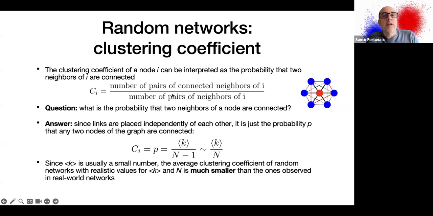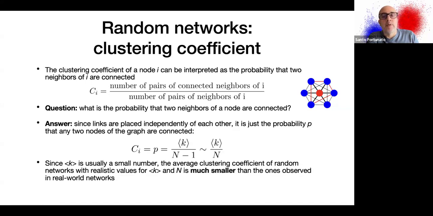And the question of what is the clustering coefficient is equivalent to the question of saying, so basically, how many of these pairs are close? So what is the probability that two neighbors of a node are connected? Because the probability that two neighbors of a node are connected is exactly like this: number of pairs which are connected divided by the total number of pairs. If I rephrase the question this way, it's immediate to know what is the expected clustering coefficient of the nodes of a Gilbert/Erdős-Renyi random graph.